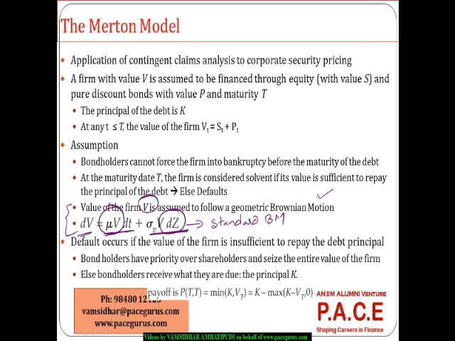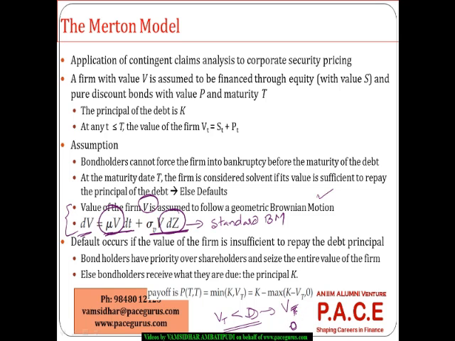And as I have already said, if the value of the firm at time T is insufficient to repay the debt capital, then we are saying that the firm is defaulting, which means the bondholders will be receiving only Vt here, though they have to get D at this particular point, because the firm value is not up to the extent of D. The bondholder is going to receive the whole value of the firm and the equity holder is going to receive 0 because the priority is always to the bondholders.